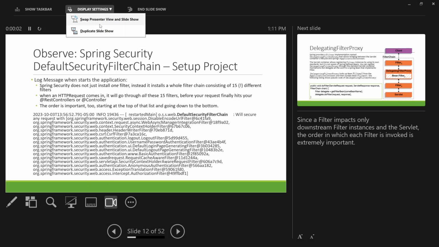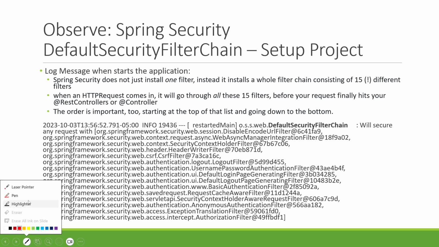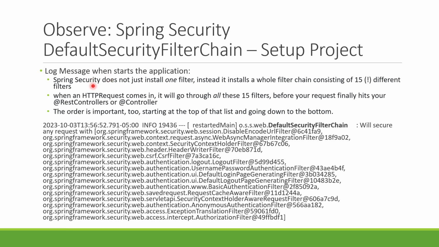Okay, so let me swap. Spring Security does not just install one filter, instead it installs a whole filter chain consisting of probably 15 different filters. When an HTTP request comes, it will go through all those 15 filters before our request finally hits our REST controller.